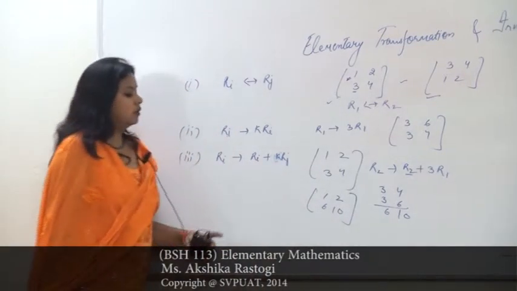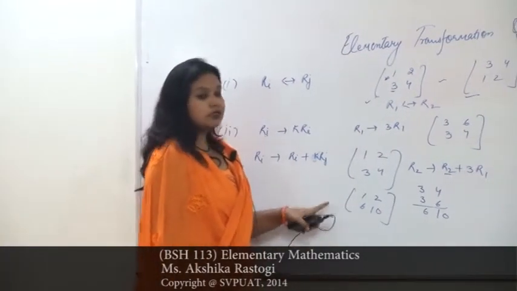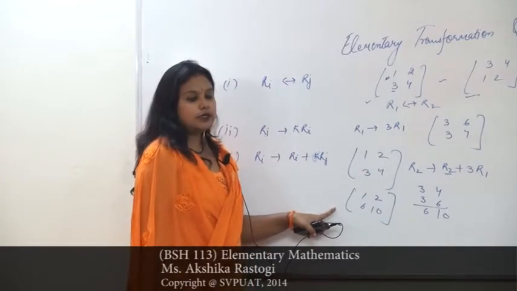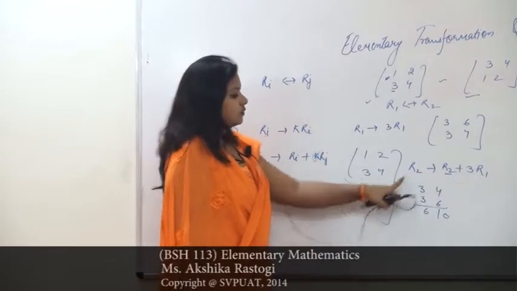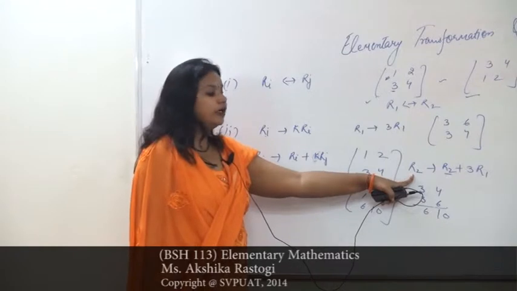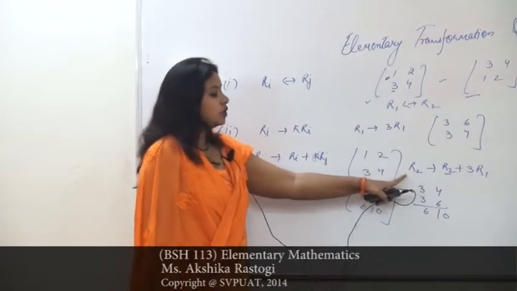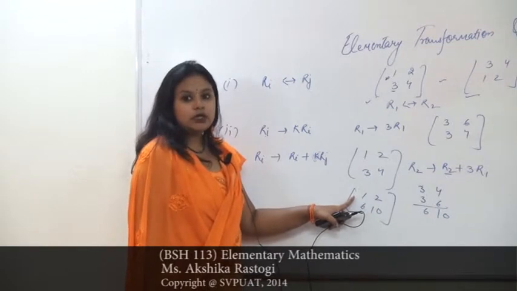So the given matrix is now changed into this matrix after applying this transformation. This indicates that we have applied a transformation in row R2. You have to take care that row R1 remains unchanged.